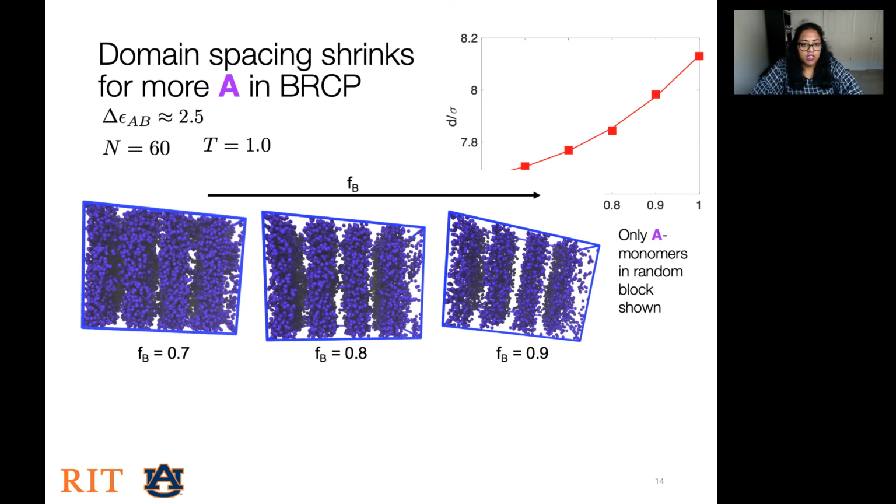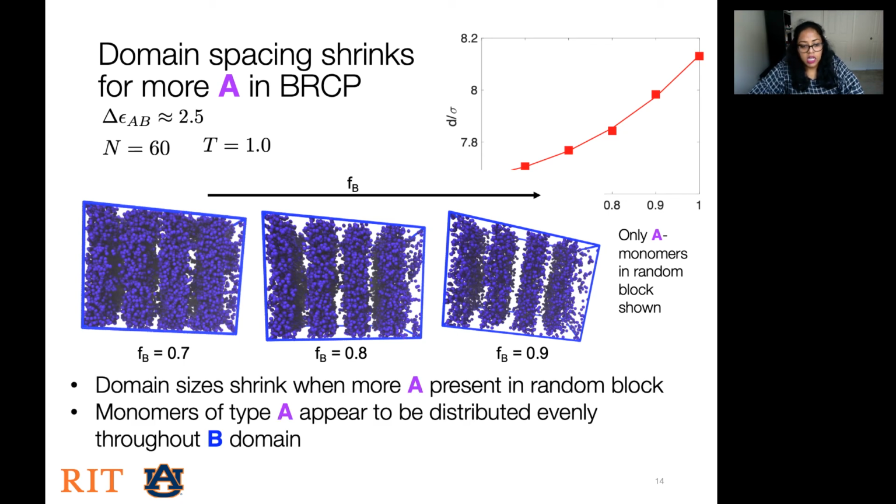When we just did visual inspection, it didn't seem like there was any clumping, and so we did not end up doing a clustering algorithm to further investigate this. So overall, domain sizes will shrink when more A is present in the random block, and it again looks visually that most of these are distributed uniformly in the B domain.